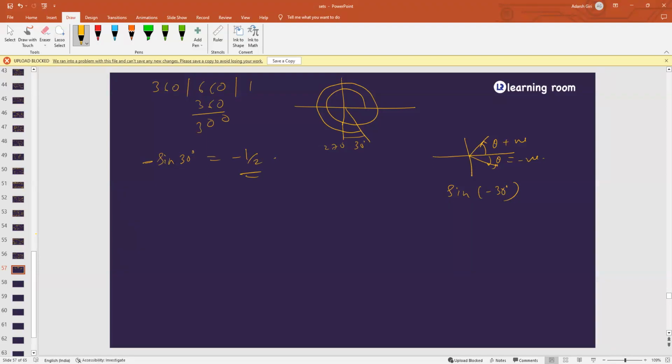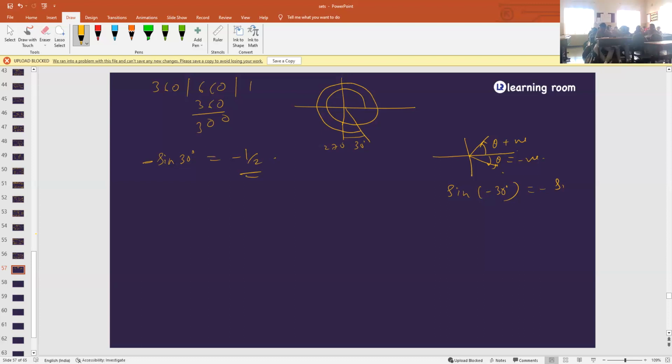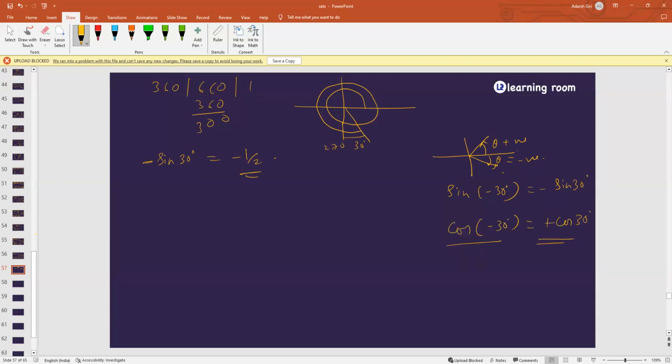That will be negative. So sine of minus 30 degrees is minus sine 30 degrees. But cos of minus 30, you'll come to the fourth quadrant and that is positive, so it is plus cos of 30. So cos minus theta is plus cos theta, and sine minus theta is minus sine theta. Always remember this. Got it?